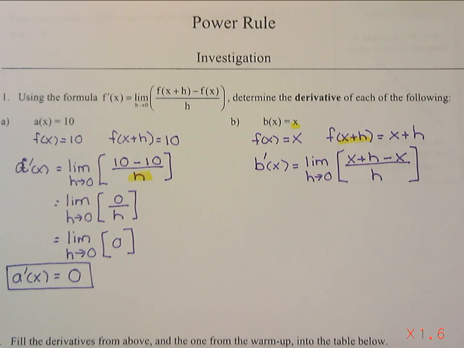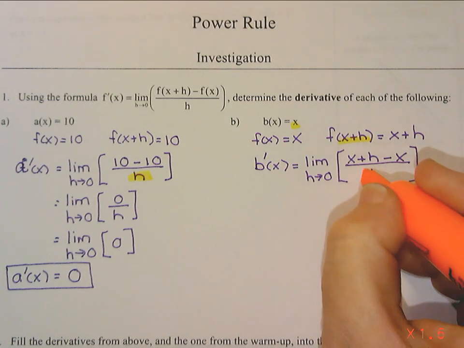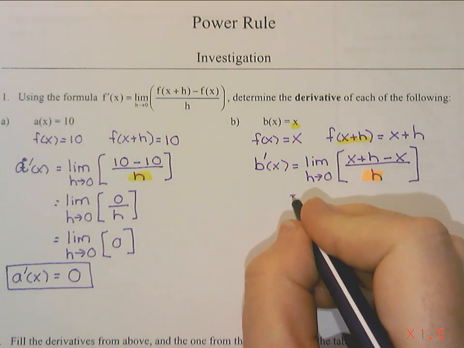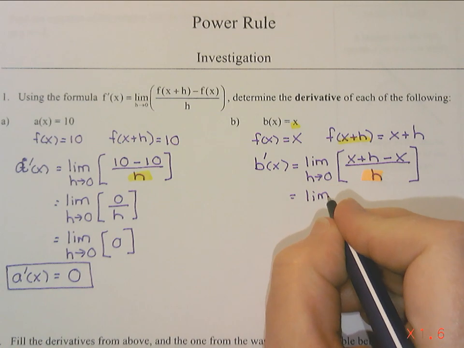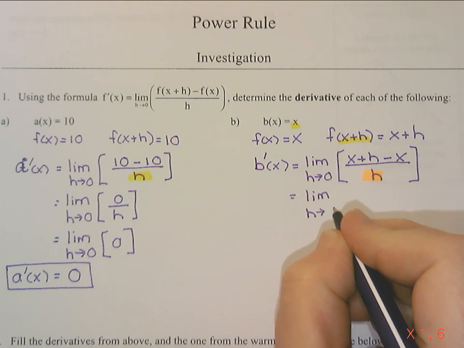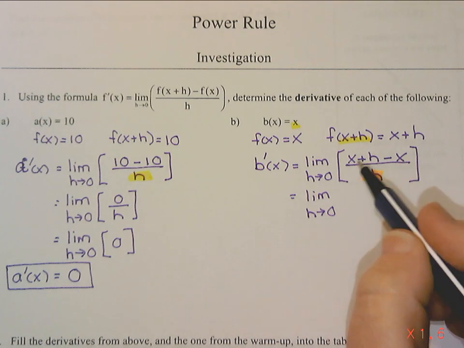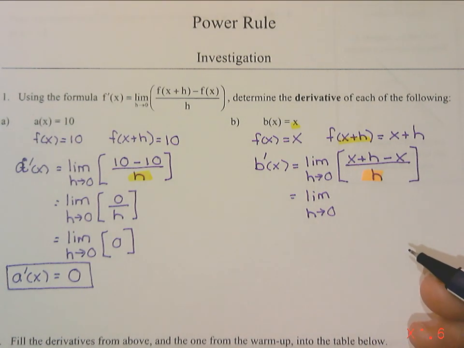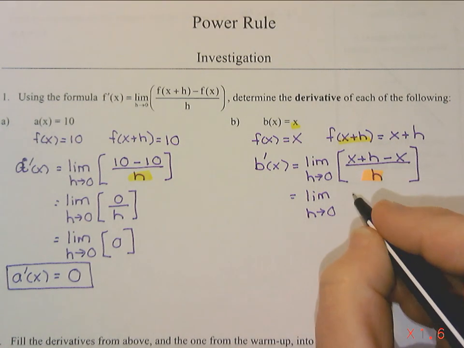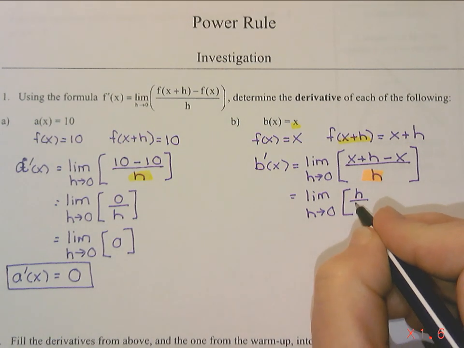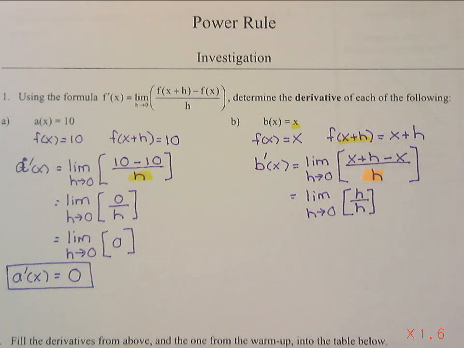So as we mentioned in the previous question, our goal is to get rid of that h. So it would be nice if we could reduce it with something in the numerator. So I'm going to simplify my numerator. So I have the limit as h approaches 0 of x plus h minus x. The two x's are like terms, so x minus x is just 0. And then I'm left with h in the numerator and we have an h in our denominator.